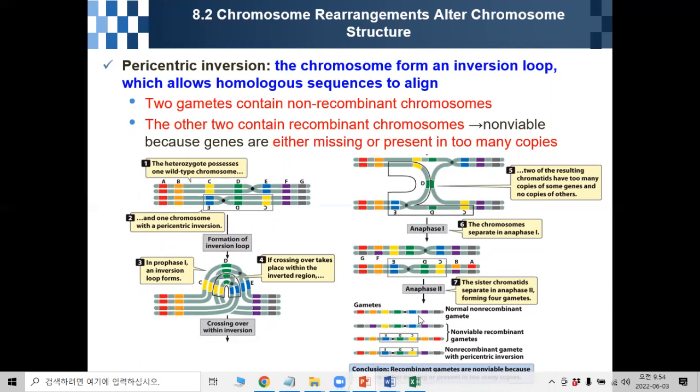Finally, two are non-recombinant and another two are recombinant, but they are non-viable, because some genes are missing or some genes have too many copies.